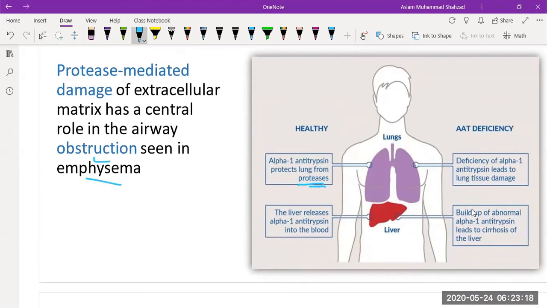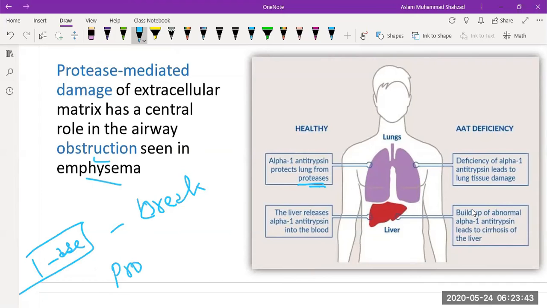Please remember this keyword: ASE. This is a suffix. If this suffix comes, it means break. So proteases. The suffix shows you the presence of protein breakdown.